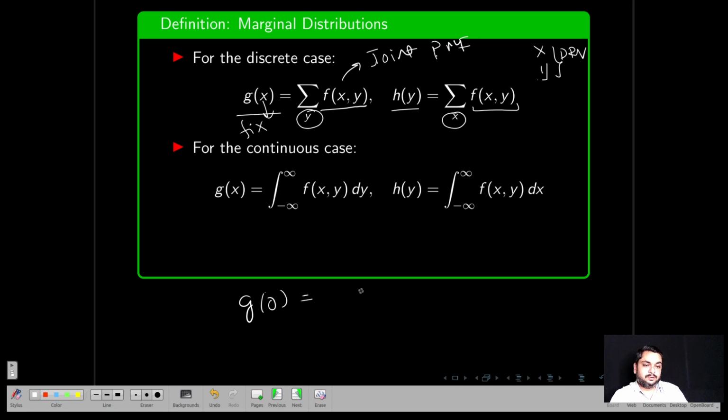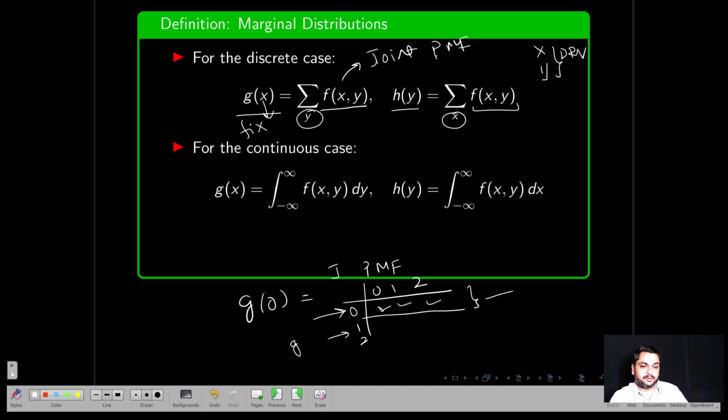In the joint PMF, these are the x values and these are the y values. If you want to calculate g(0), that is the marginal distribution of x equal to 0, fix this row and then add all these values. This gives the marginal probability distribution g(0).